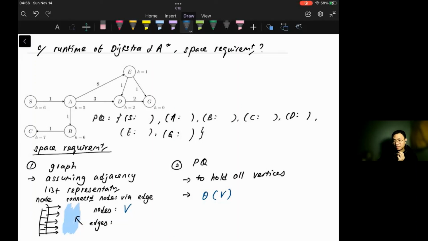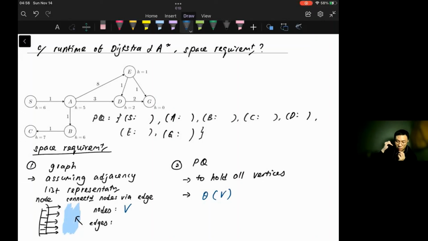This works because we don't have two edges pointing towards each other between two nodes. So all of the edges will only be represented once in our adjacency list, right?